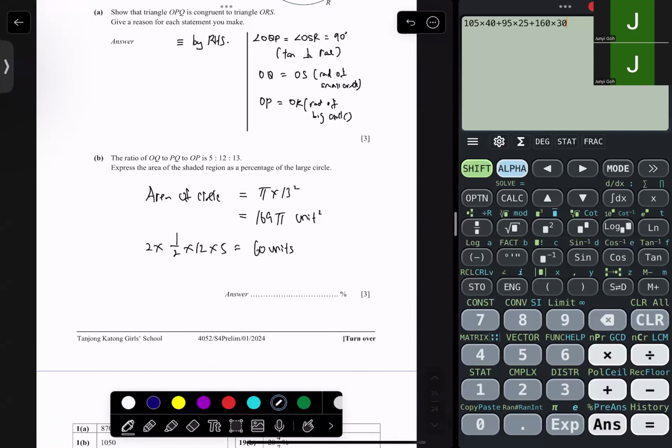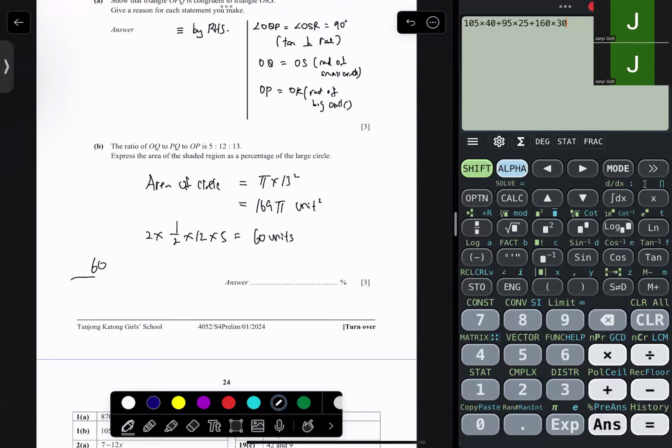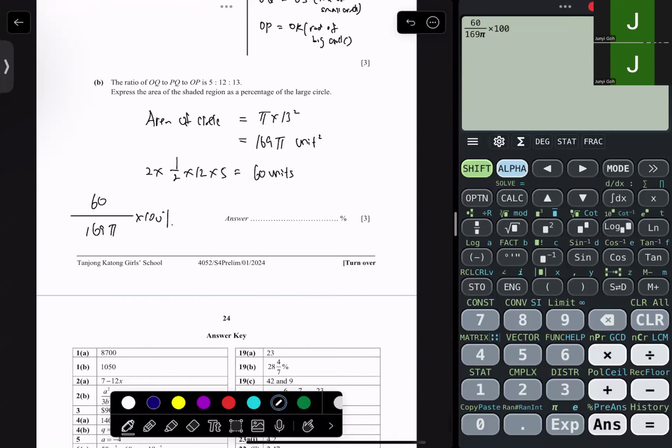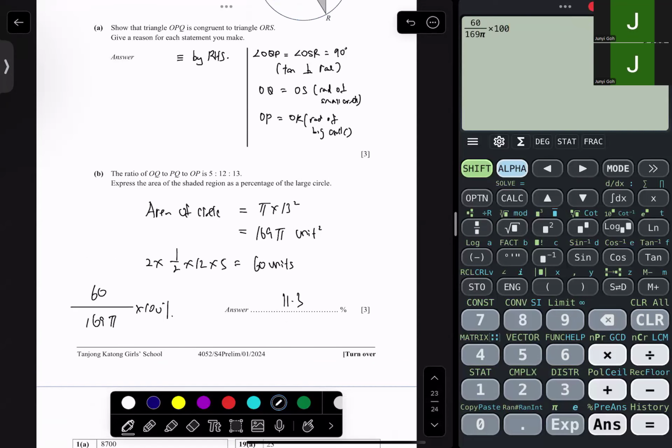Okay, so as a percentage, 60 over 169 pi times 100%. Okay, so 11.3%. Okay, that's all. Pretty much quite a tricky question. Quite a tricky paper, I would say.